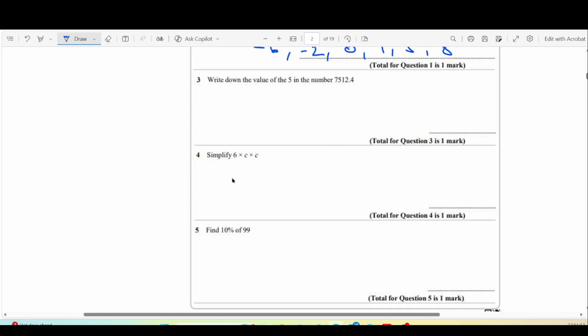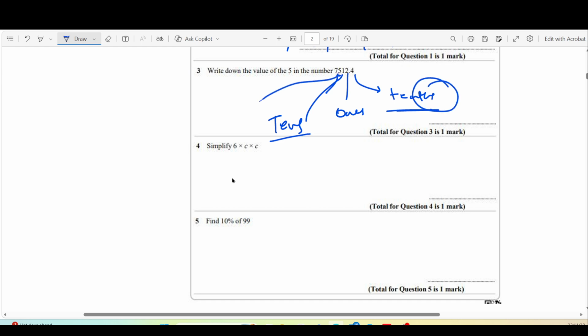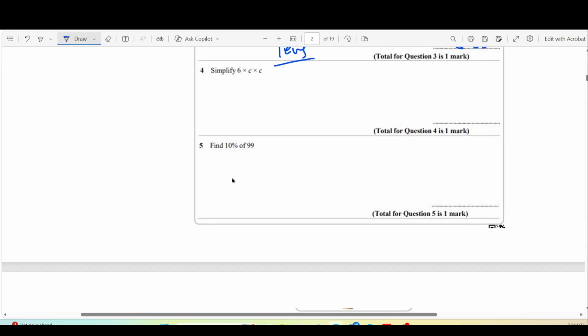Okay, write down the value of 5. After the decimal, the first place is tenths, then hundredths. For 5 it is hundreds. So basically the value is 500 because 5 times 100 is 500.